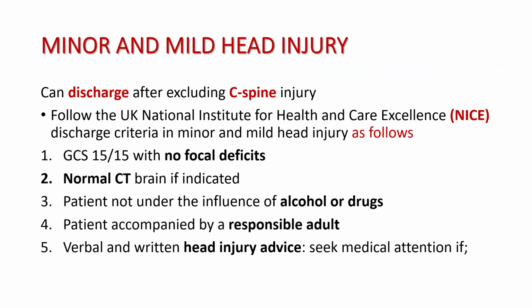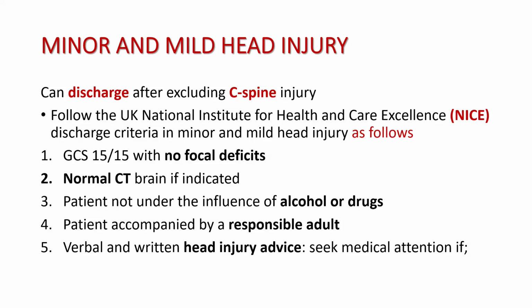The patients who come to us and we assess them and think that they have minor or mild head injuries, after ruling out C-spine injury, we can discharge them home. But we have to follow a criteria, and in this case we follow the UK National Institute for Health and Care Excellence discharge criteria for mild and minor head injury.